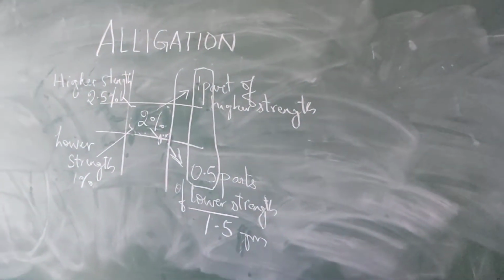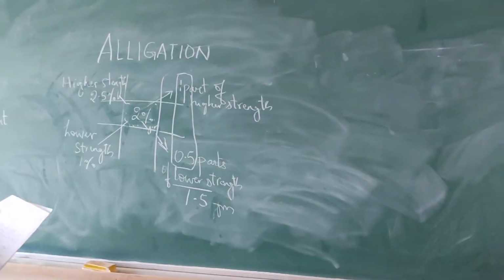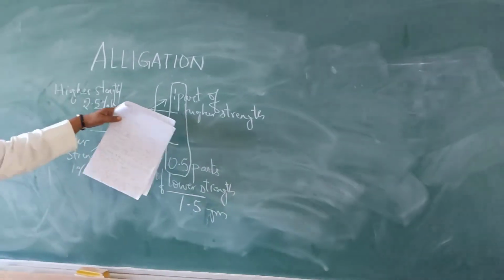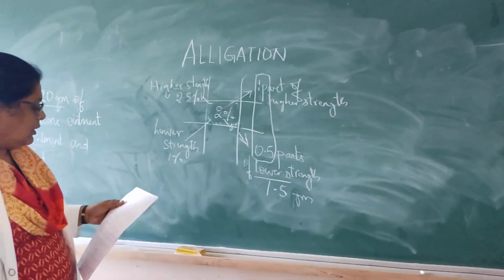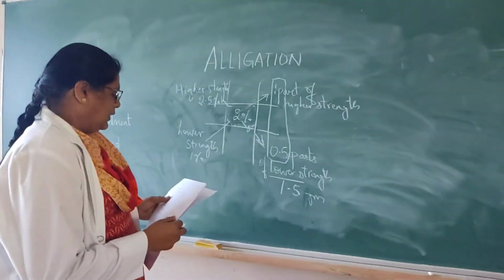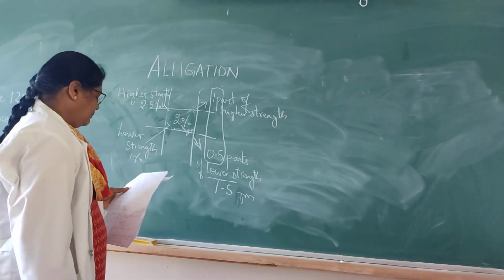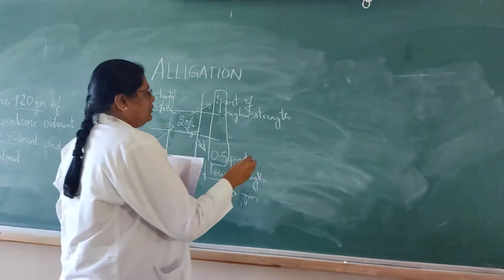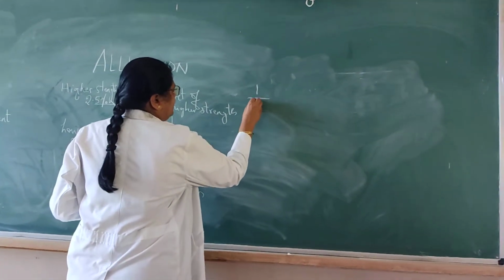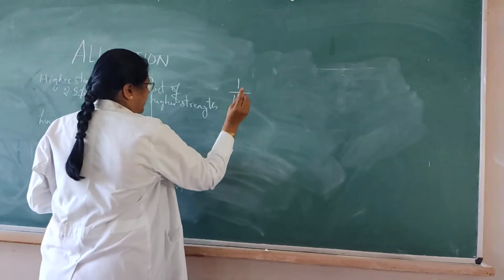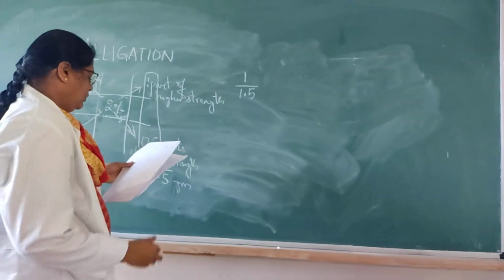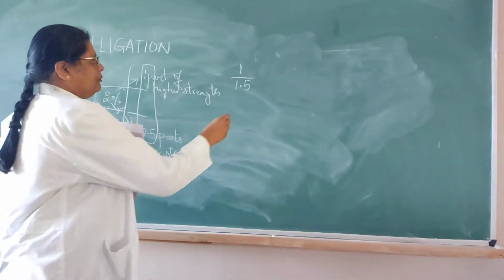Now that we have determined the number of parts needed of each product and the total number of parts, we calculate it as 1 divided by 1.5. Now how much do you want?